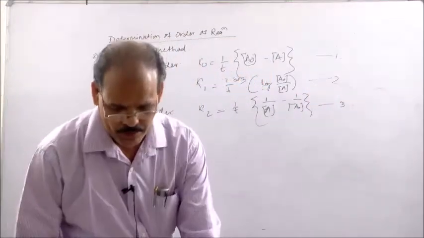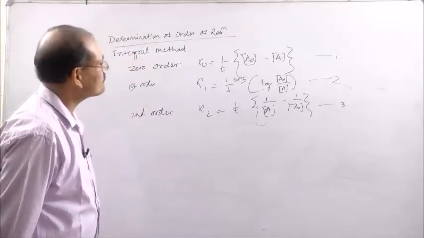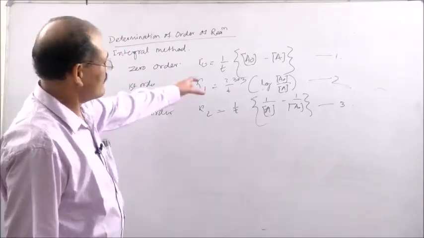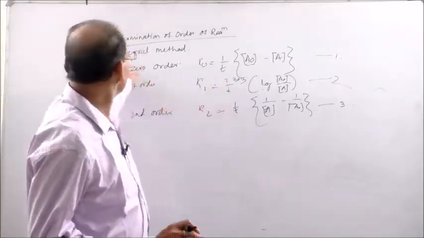So, in this way, if we proceed, there are two types of determining by this integral method.